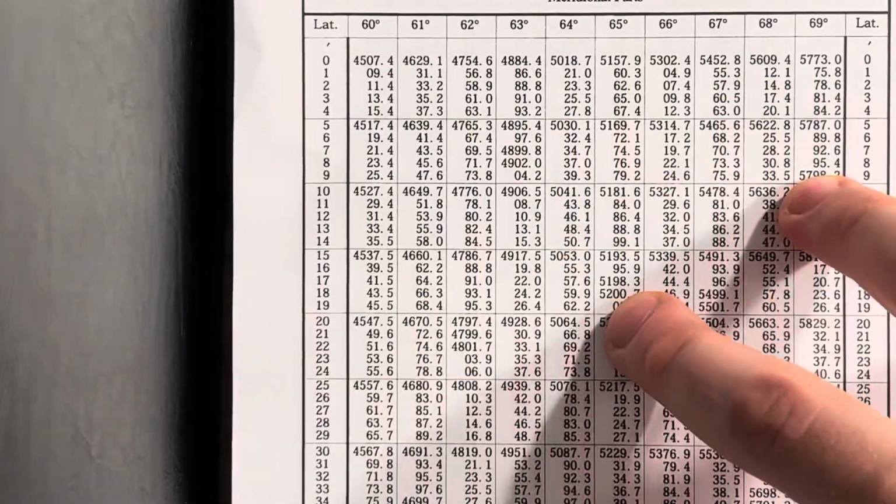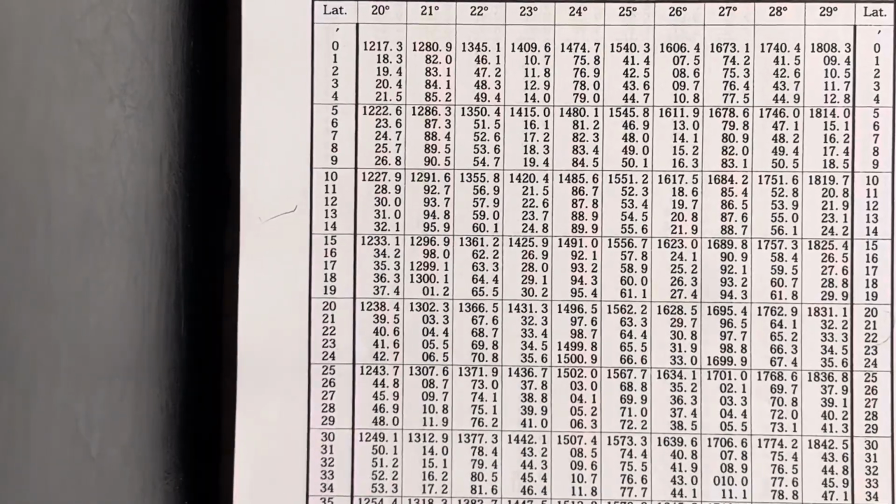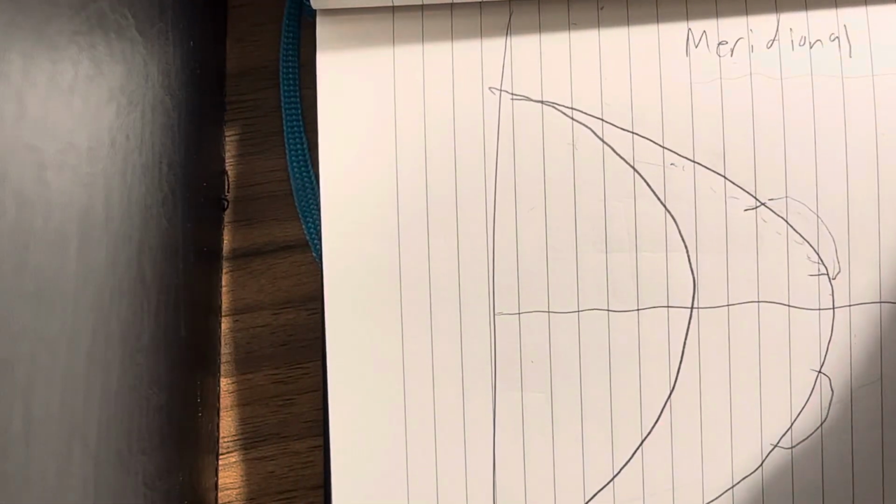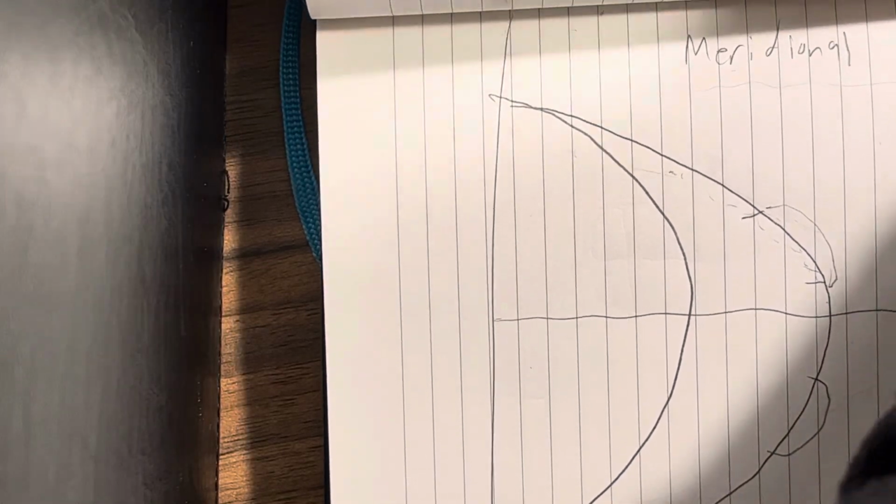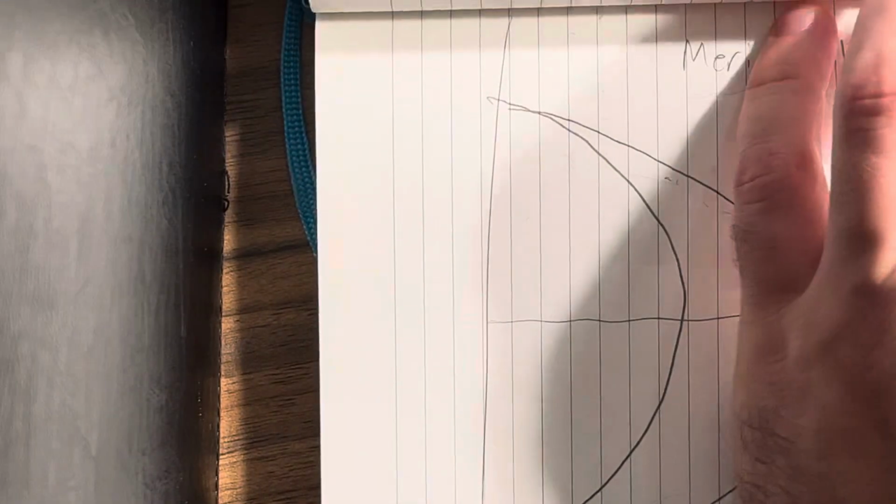The way you use this is in the last type of sailing, which is called a Mercator sailing. Let's imagine you had 2 points you were trying to get to, or get from one point to another.